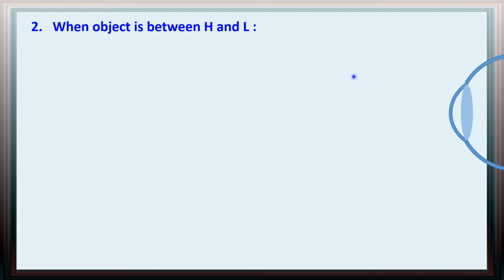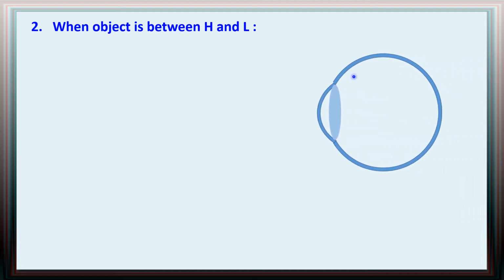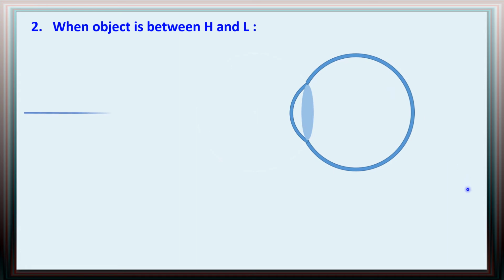Next, the second case is, let us place the object between H and L. When the object is between H and L, you can understand this very clearly, because from L to H he cannot see. See here, this is the hyperopic eye and here is the principal axis.